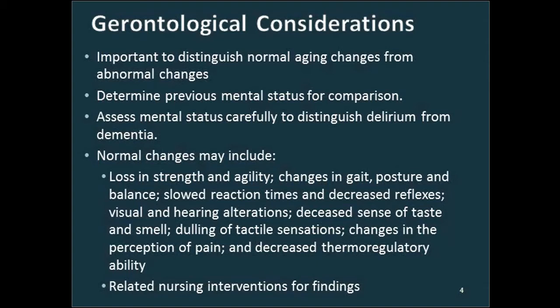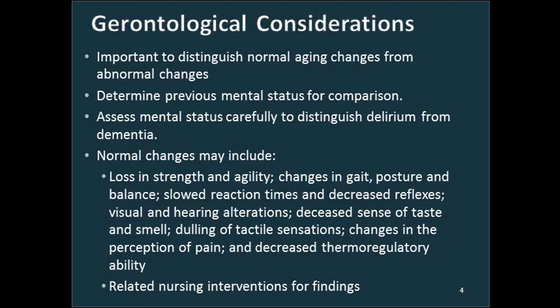Also look for those normal life changes: loss of strength, changes in gait and posture, balance changes, slowed reaction times, decreased reflexes, changes to vision and hearing, taste, smell, tactile sensation. Those all lead to a risk of injury.